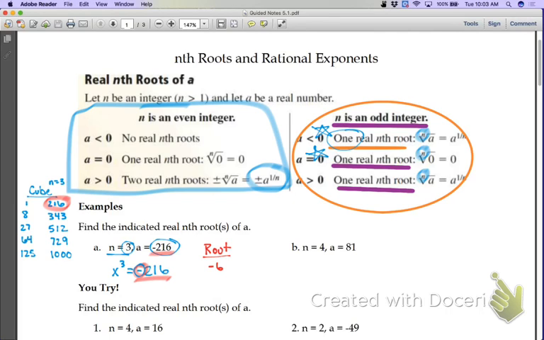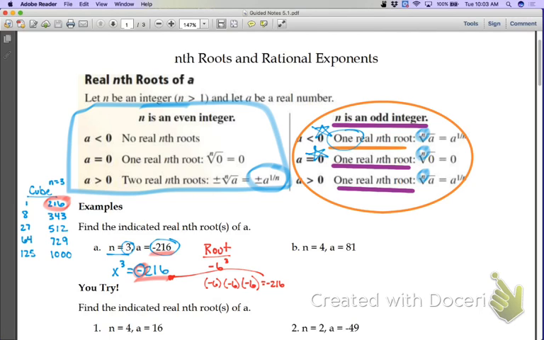Negative 6 to the third power, if I take negative 6 times negative 6 times negative 6, is going to give me the negative 216 that I had right here.